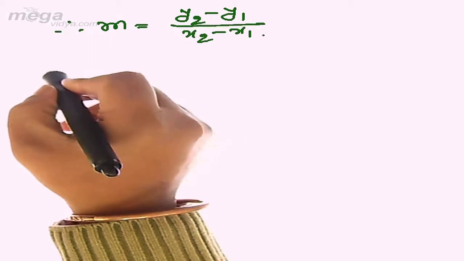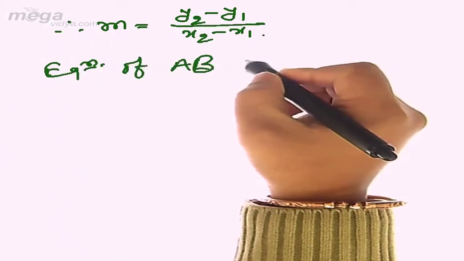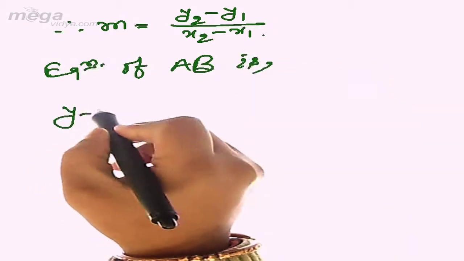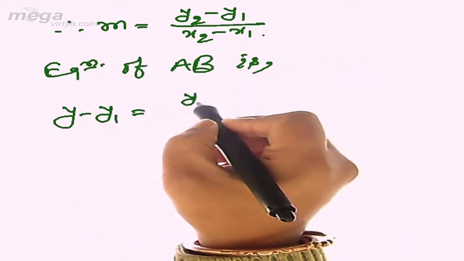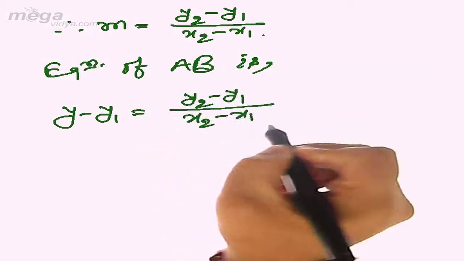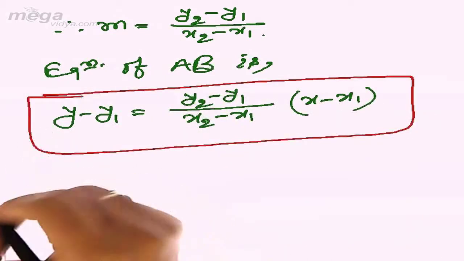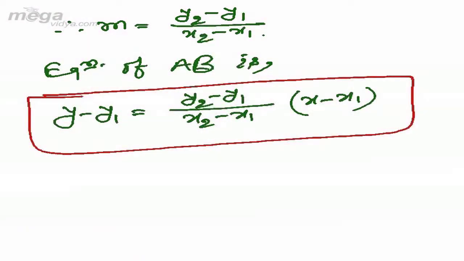So finally, the equation of AB becomes y minus y1 is equal to y2 minus y1 upon x2 minus x1 into x minus x1. This is the equation using the two points form.